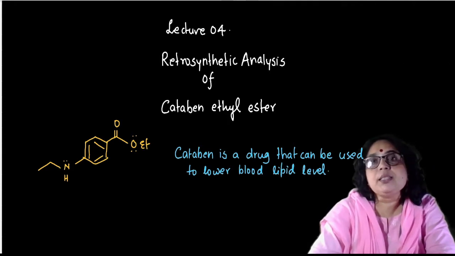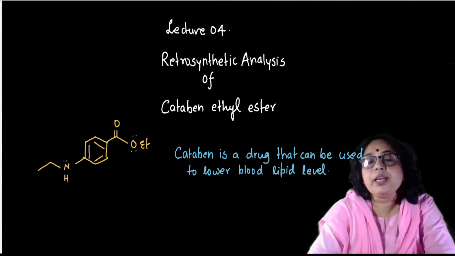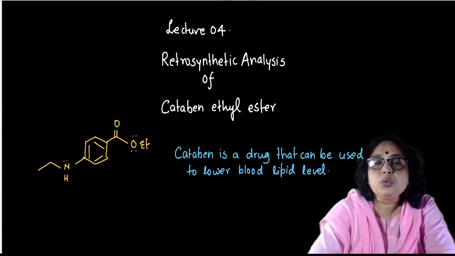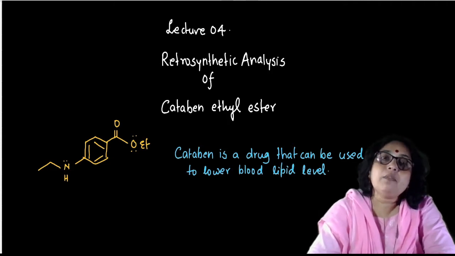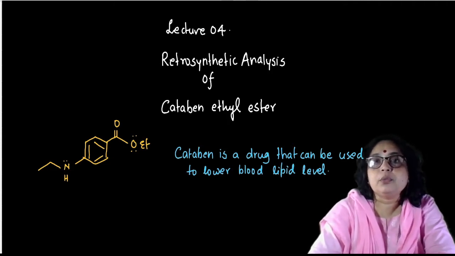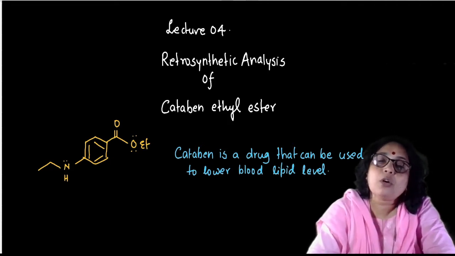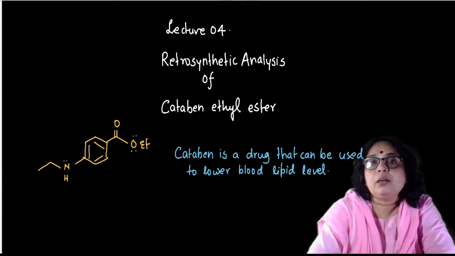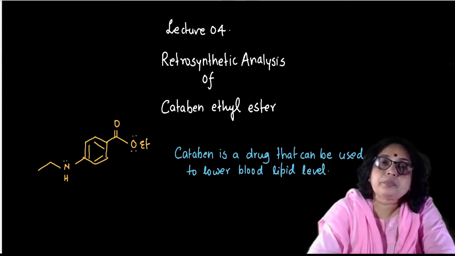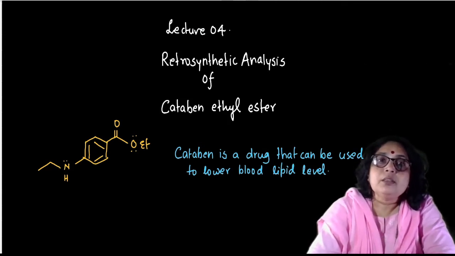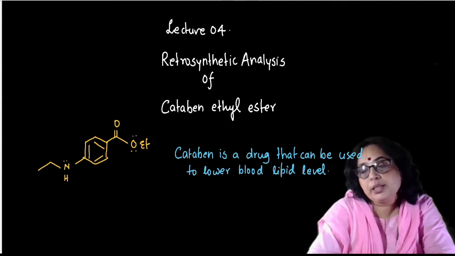Retrosynthetic analysis is a very important tool to discover complicated molecules, especially the precursors of the drug molecules. So let us start with the retrosynthetic analysis of the cation ethyl ester.